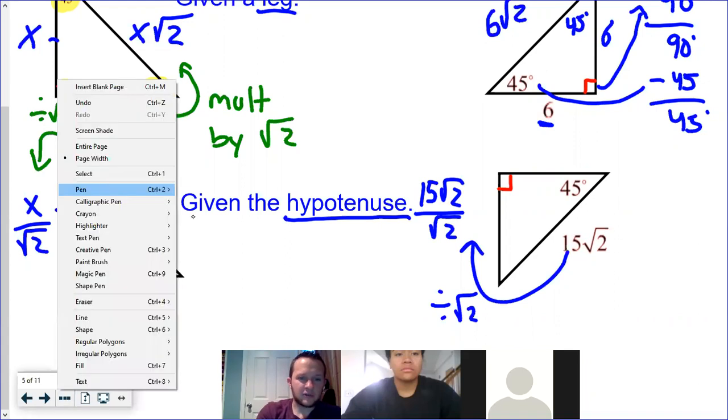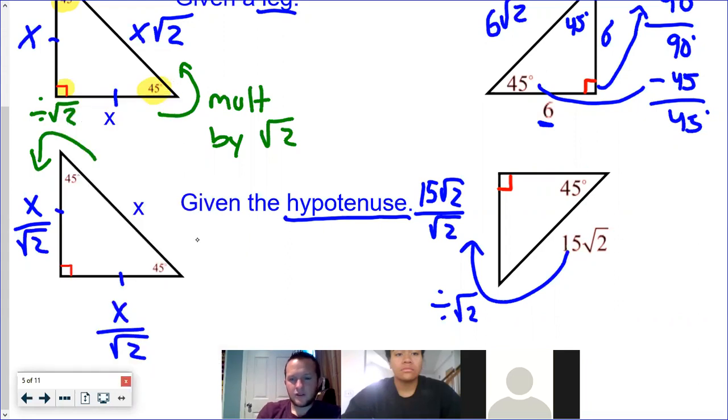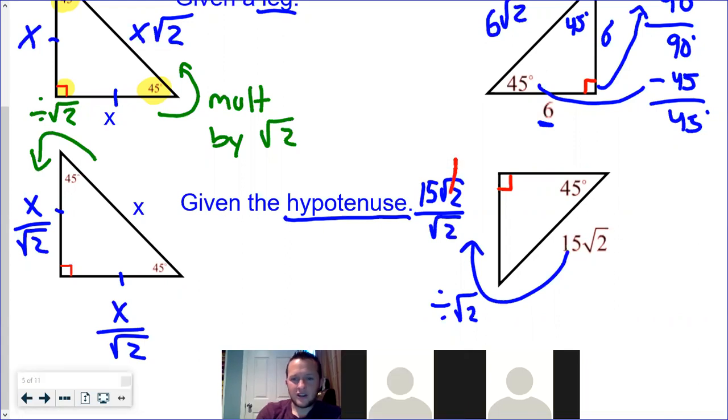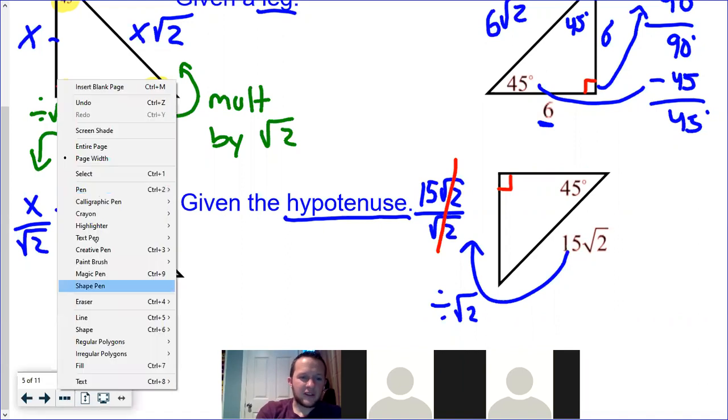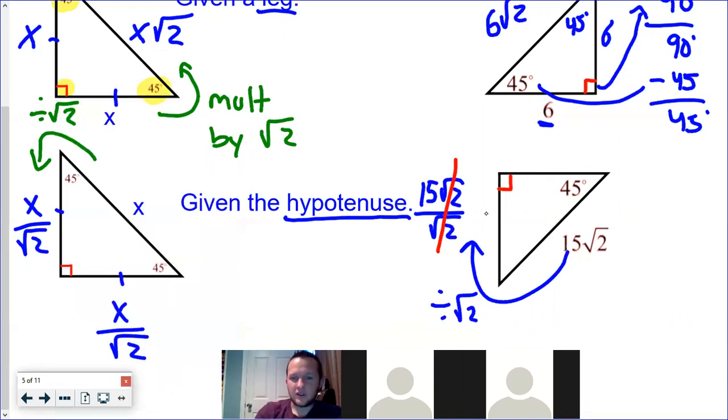What can I do to simplify that? Do you cross out the 2's? Yeah. Square root of 2 divided by the square root of 2 is just 1. So then this just becomes 15. Which if one leg is 15, then the other leg is going to be 15. And there you go. Didn't that work out nice?